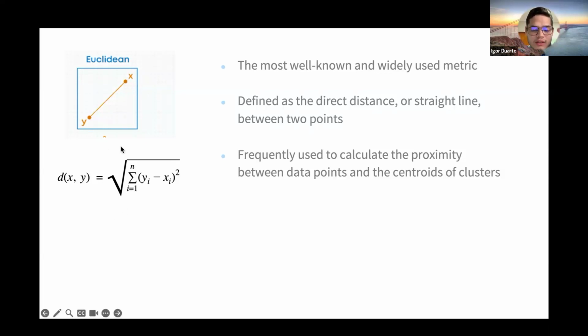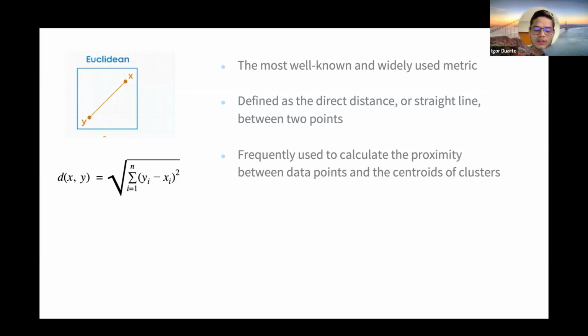In the context of k-means, which I will explain in more detail shortly, Euclidean distance is used to calculate the proximity between data points and the cluster centroids. A centroid is a point in the middle of the other points. The algorithm assigns each point to the cluster whose centroid is closest and minimizes the variance within each cluster.